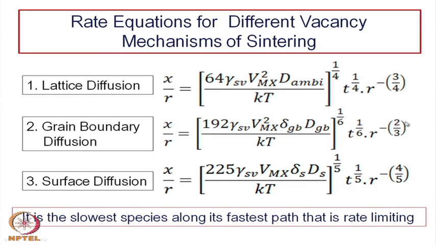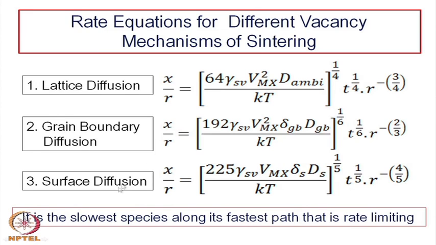One is 3/4, another is 2/3, another is 4/5. So, obviously their dependence on the particle size is slightly different, but they all have a negative exponent, which means the higher the radius, the higher the particle size, the lower will be the rate, lower will be the net growth. Here again, as time increases, the net growth increases obviously, but at different rates, the slopes will be different, and one will reach the plateau faster than the other.